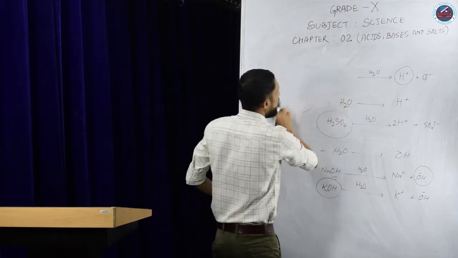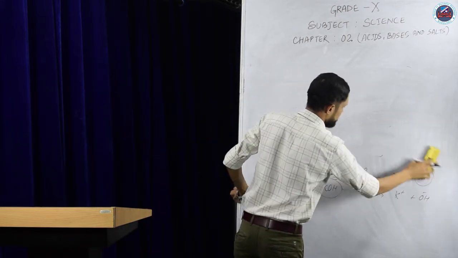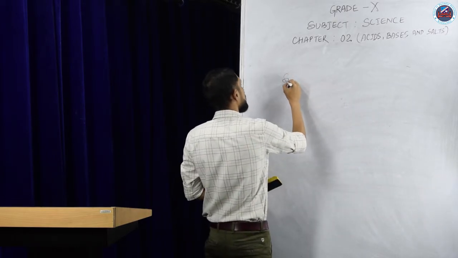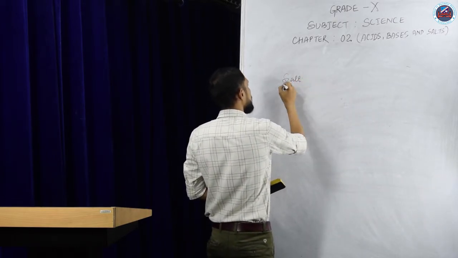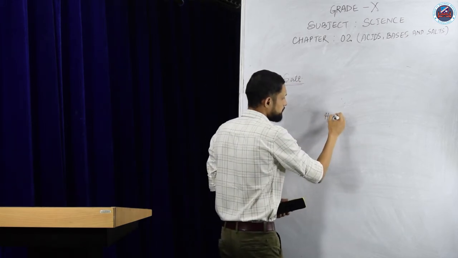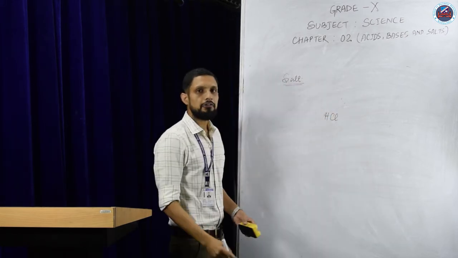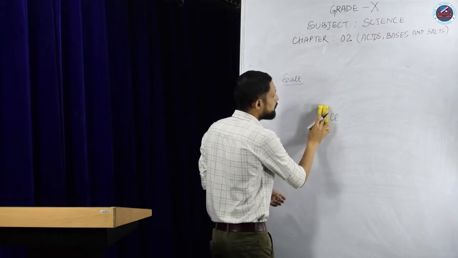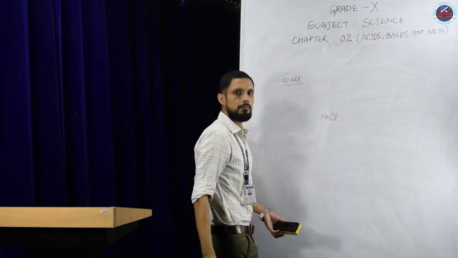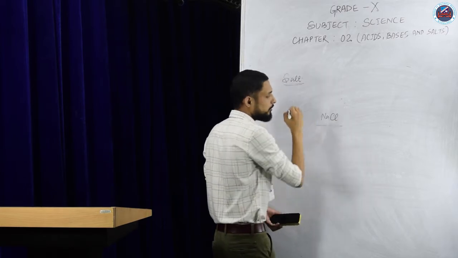Next, what is salt? You take an acid, say HCl, and replace the hydrogen with a metal like Na, sodium. It gives salt.